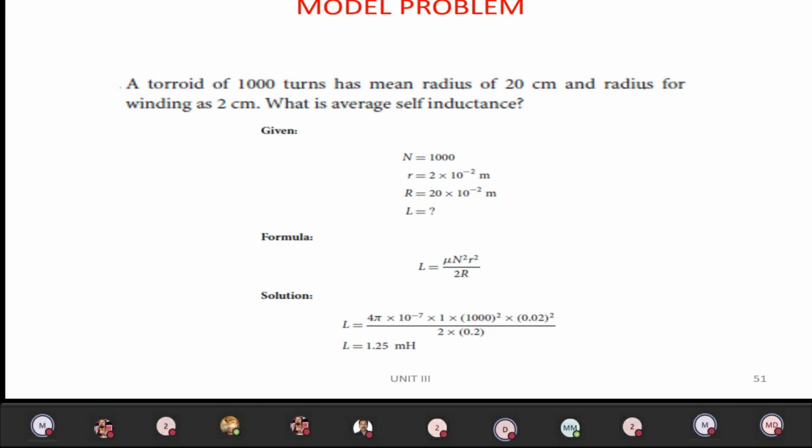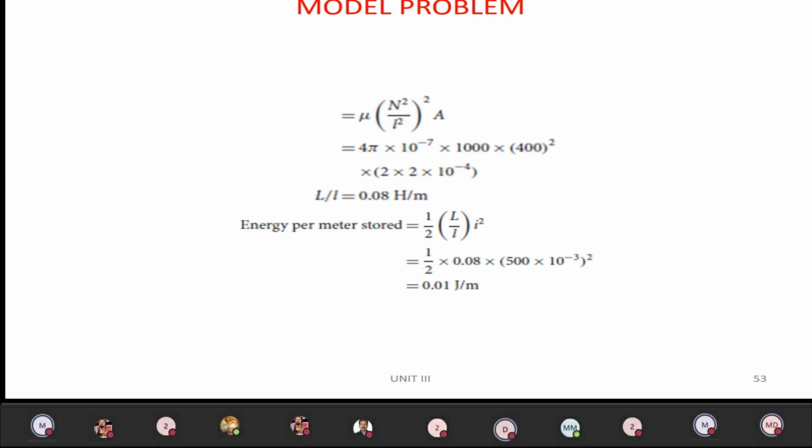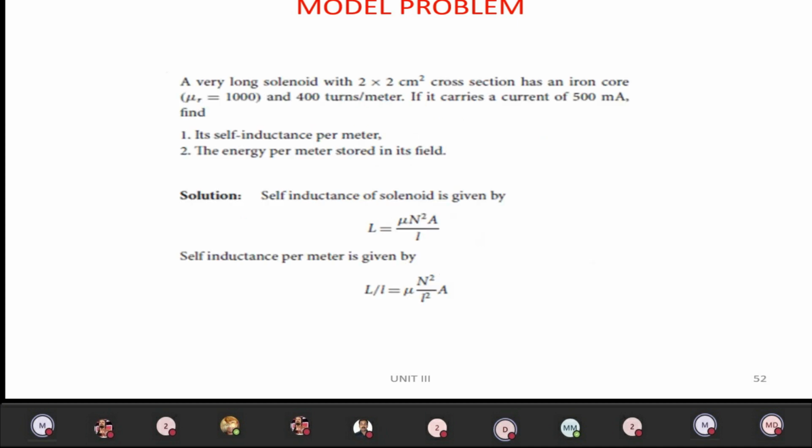Okay. And for the coaxial case, this problem relates to the self-inductance of the coil, L by l, energy per meter. This problem relates to the energy per meter, where we have to calculate the inductance per length. Mu n square A by l.